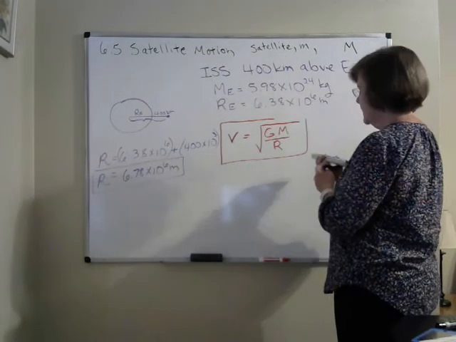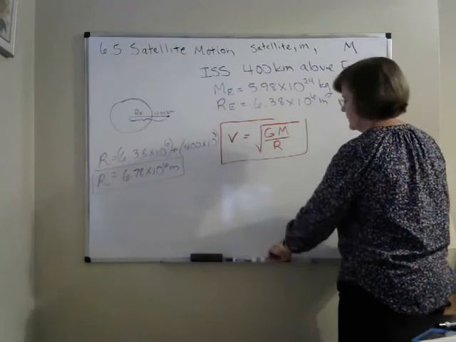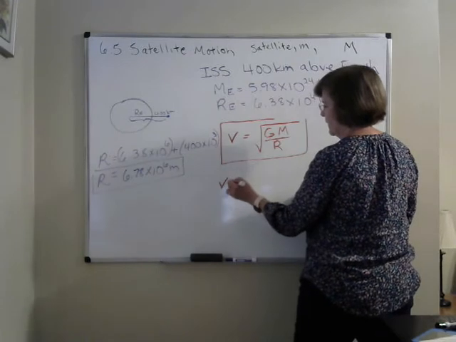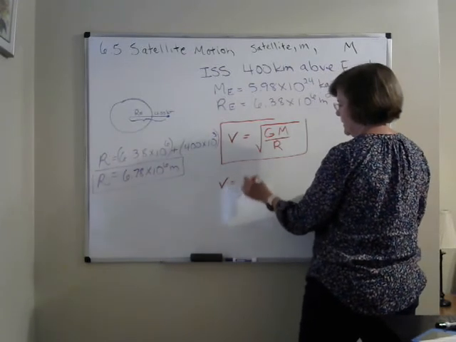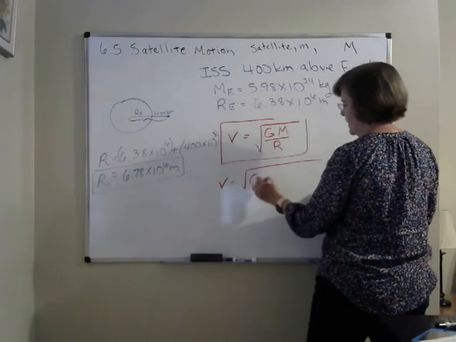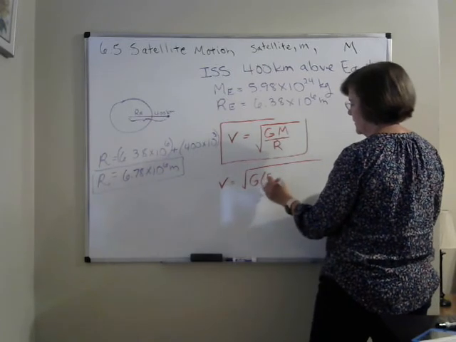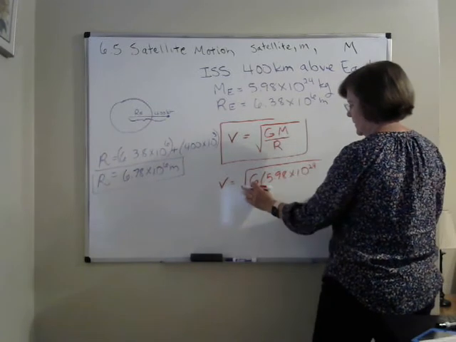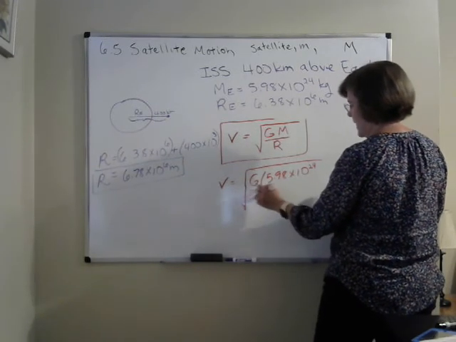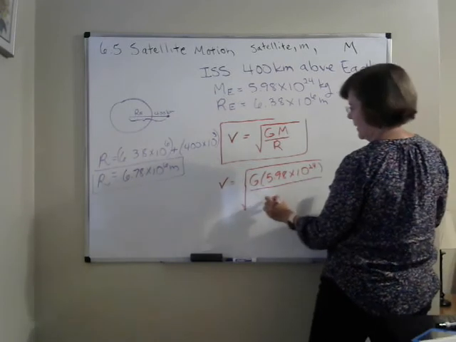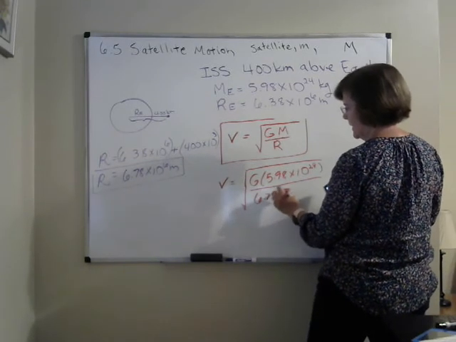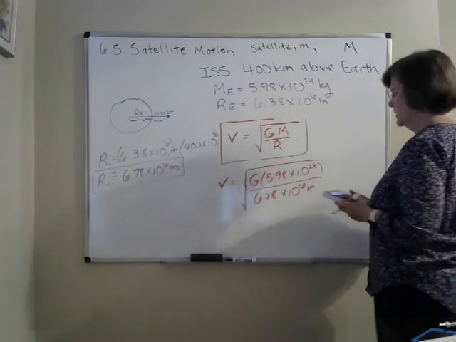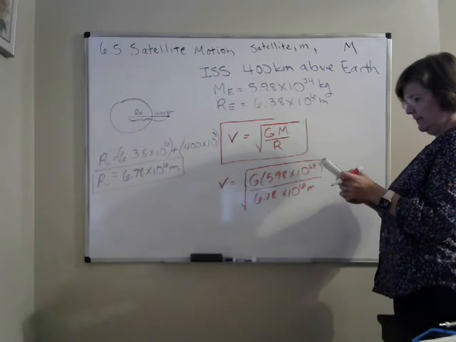So we put it in our formula. I'm not going to write out G because I have G saved in my calculator. It's going to be G times the mass of the Earth, 5.98 times 10 to the 24th, divided by 6.78 times 10 to the 6th meters.